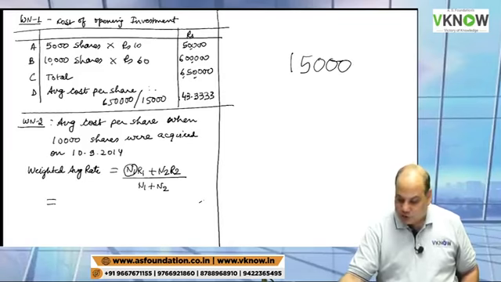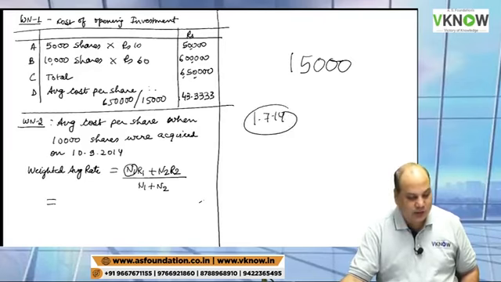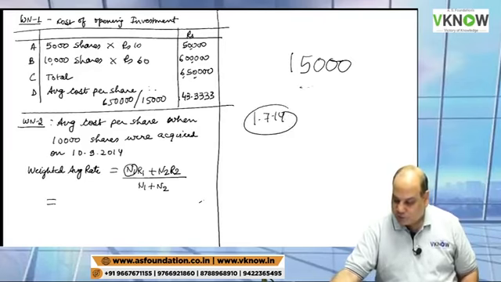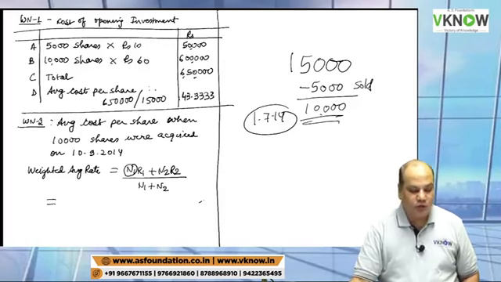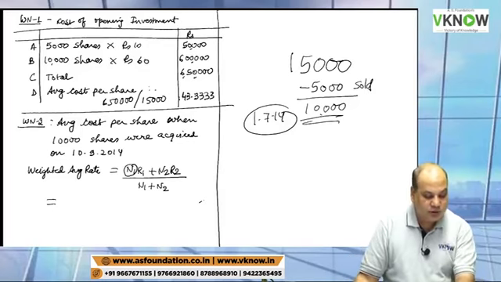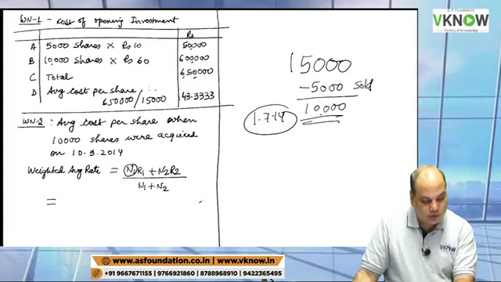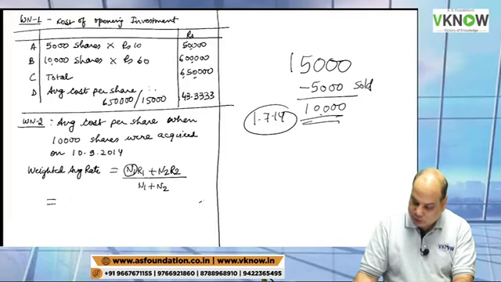But on 1st July 14, you can see the next line in your question, 5,000 shares sold. So it means before I made the purchase, I was holding only 10,000 shares.